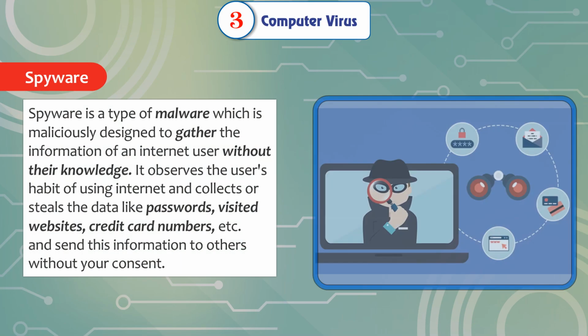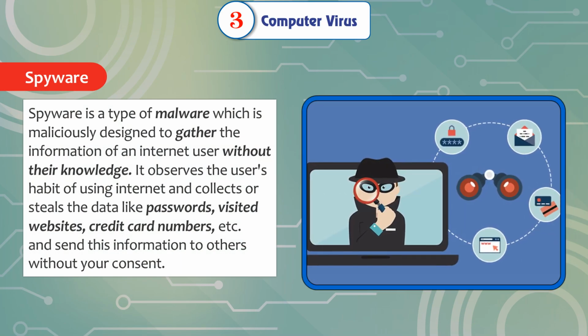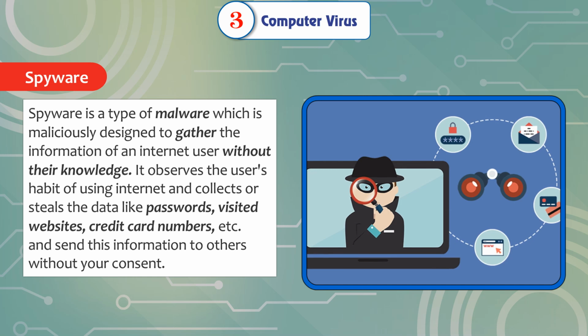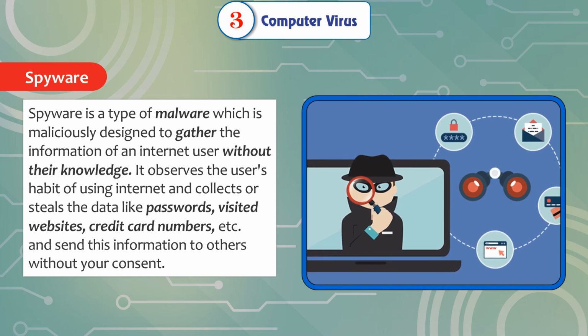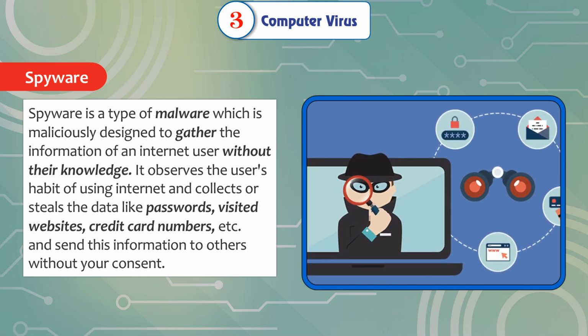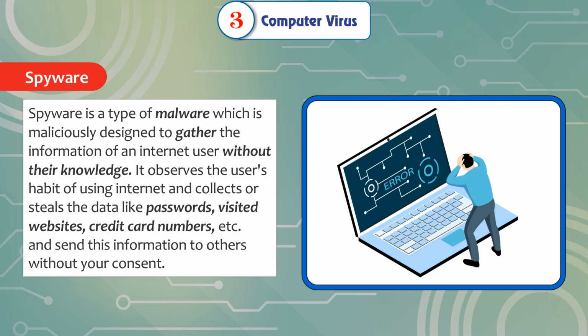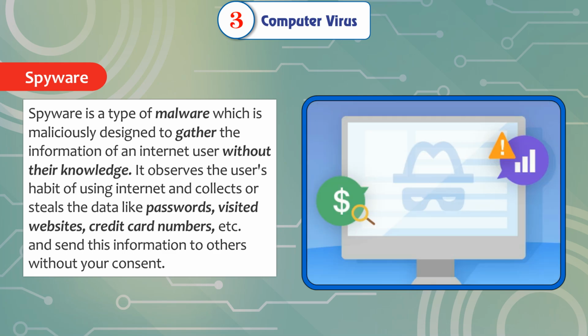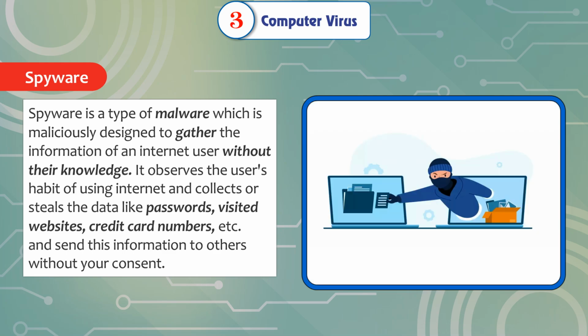Spyware. Spyware is a type of malware which is maliciously designed to gather the information of an internet user without their knowledge. It observes the user's habits of using the internet and collects or steals data like passwords, visited websites, credit card numbers, etc., and sends this information to others without your consent.